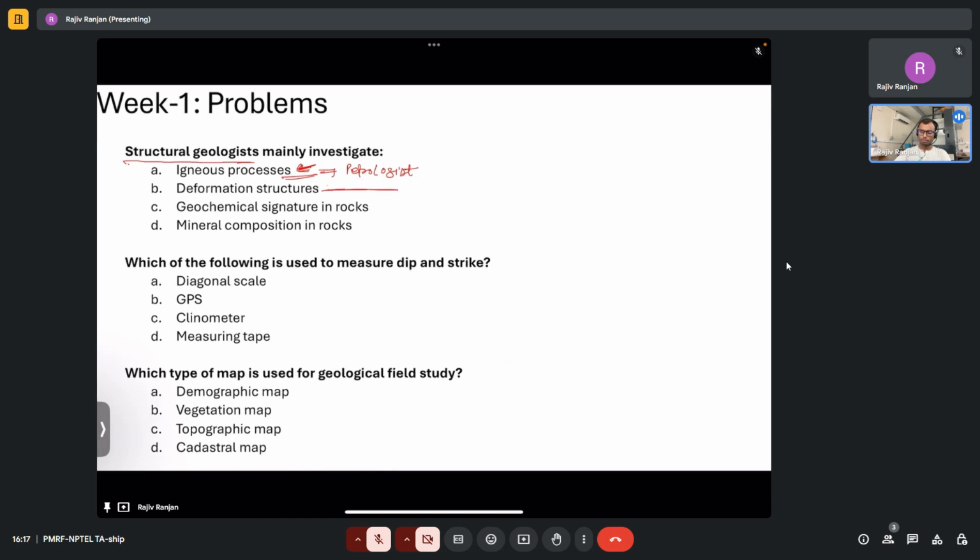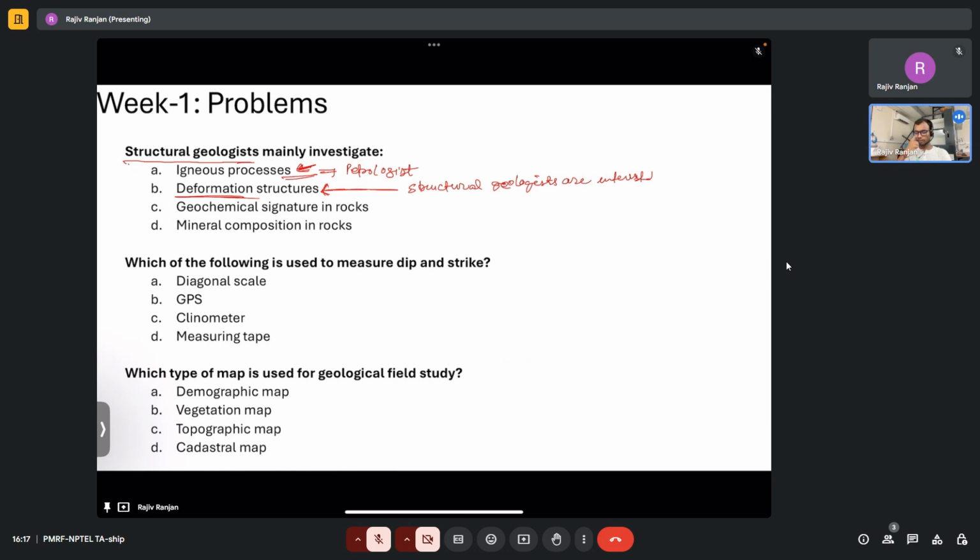So the deformation structures are what structural geologists are interested in.